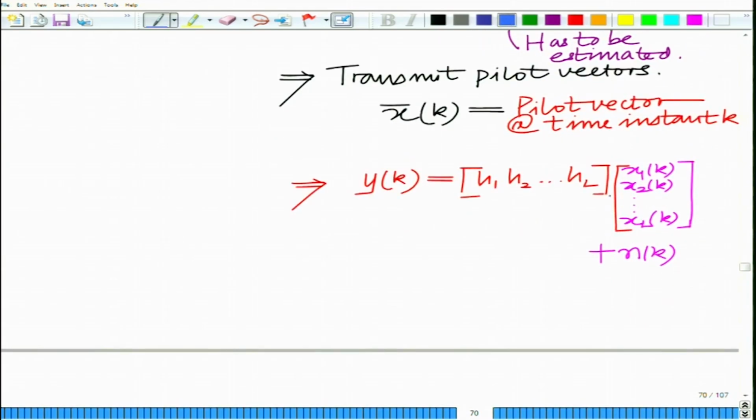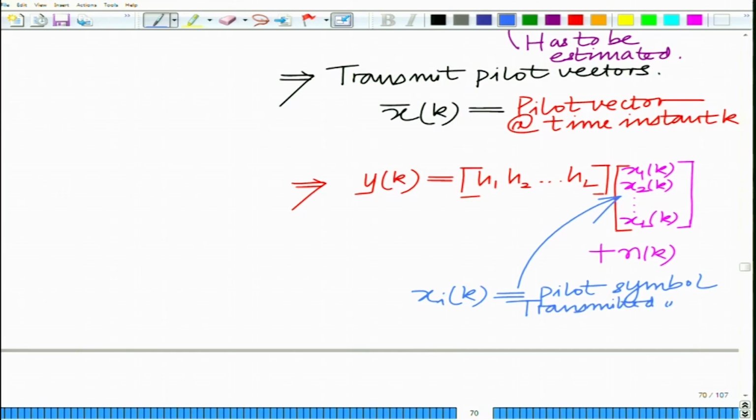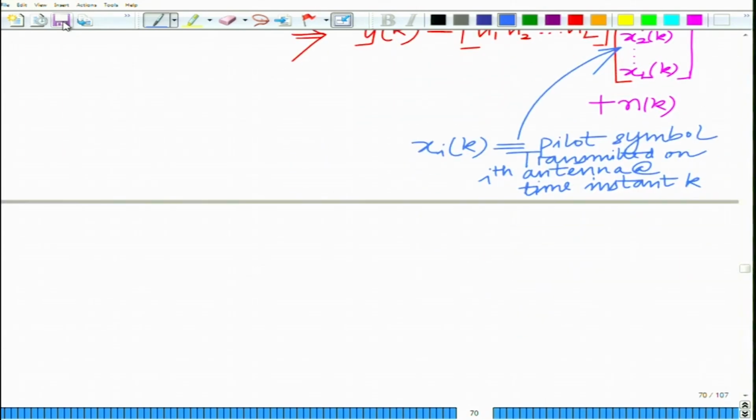Now remember, you can think of xi of k as the pilot symbol transmitted on the ith transmit antenna at time instant k.